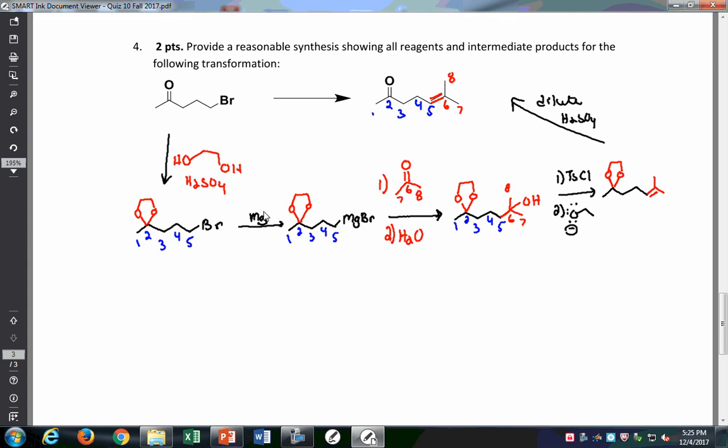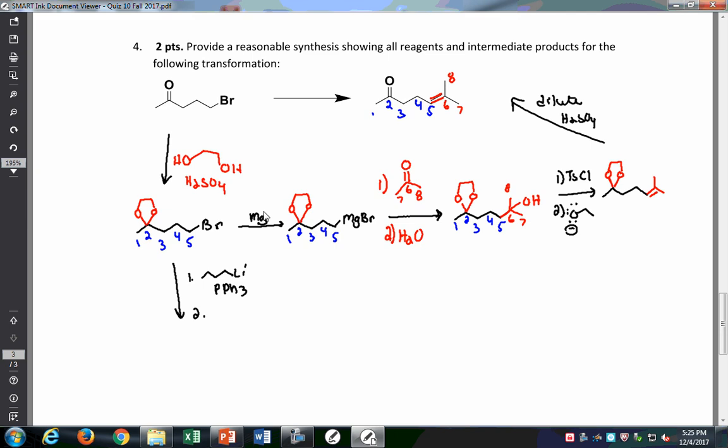Now that's one route. The other route is the Wittig route. So in the Wittig route, we just need to react our alkyl halide with that really strong base, the butyllithium, and then react it with our triphenylphosphine.